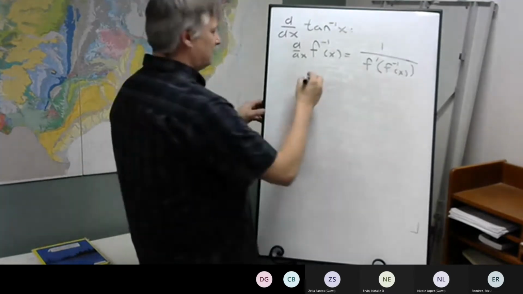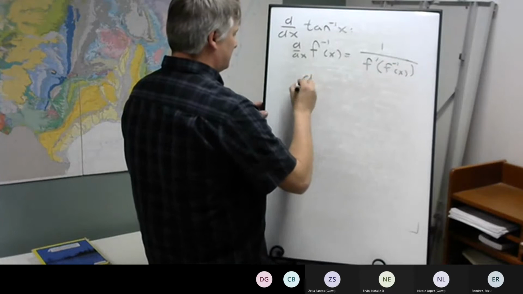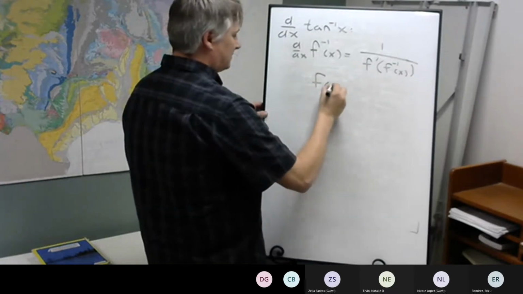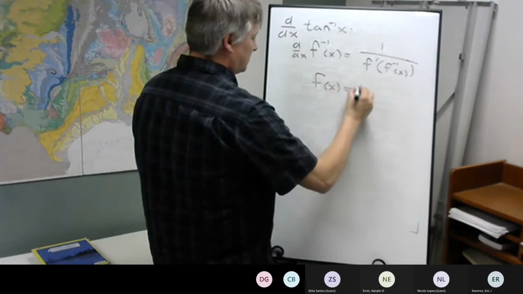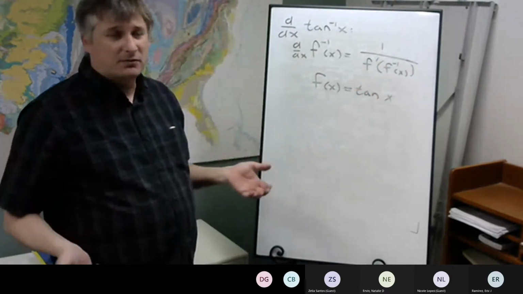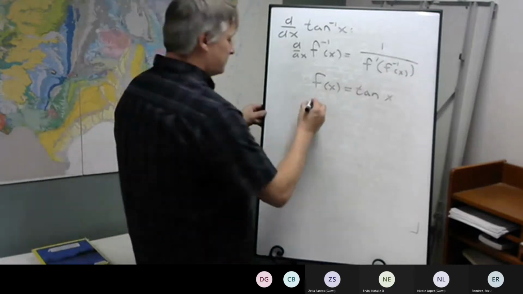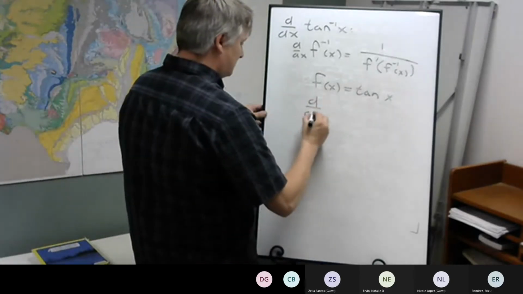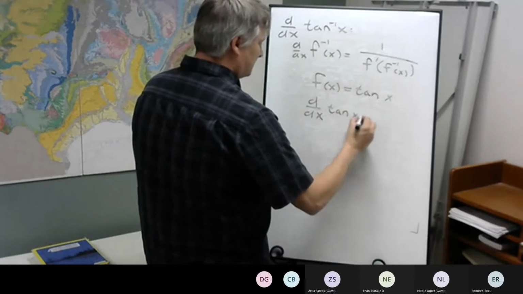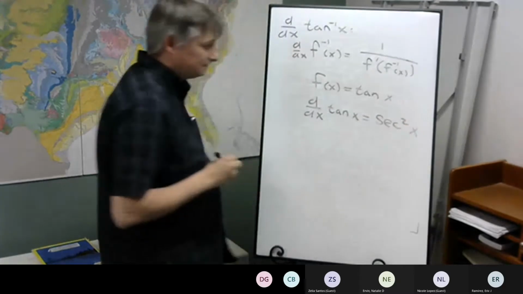Now, before I do that, note that we need the derivative for tangent of x. So f of x is going to be tangent of x, so f inverse is tan inverse. So the derivative of tangent of x is secant squared of x.